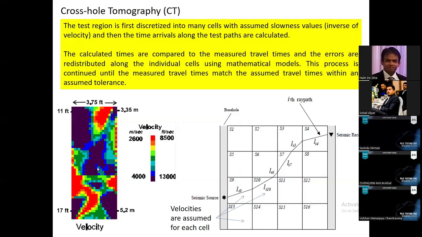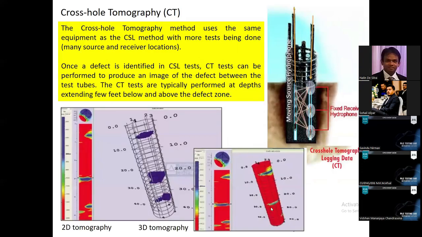So this is the principle behind cross-hole tomography, right? And once you have multiple wave records, the software is capable of creating this kind of three-dimensional image with wave velocities, right? And the lower wave velocity regions indicate the defective region. So that is the concept behind cross-hole tomography.